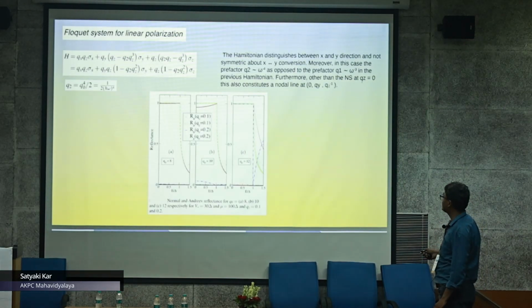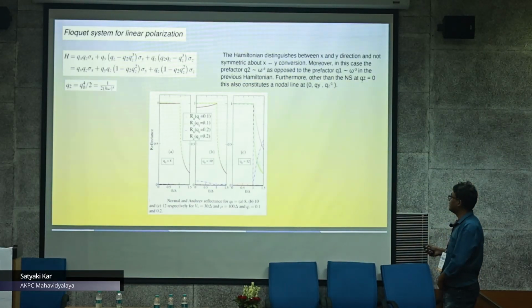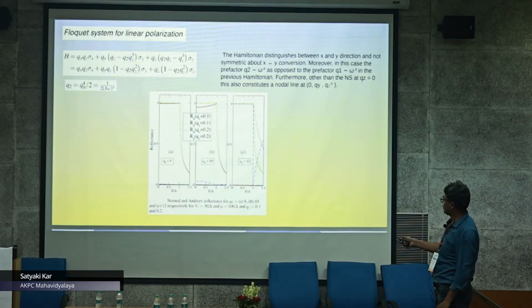And then for the linear polarization, also with this changed expression for the Hamiltonian, we can get a nodal line in addition to the nodal surface it already had. And then these are the plots for reflectance, where you can see for small values of Qz, we are considering Qz equals to 0.1, the Andreev reflection for the subgap cases is very small, just like in the previous case for the circular polarization.